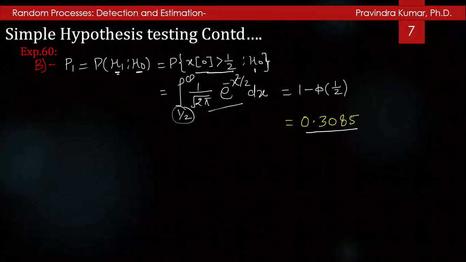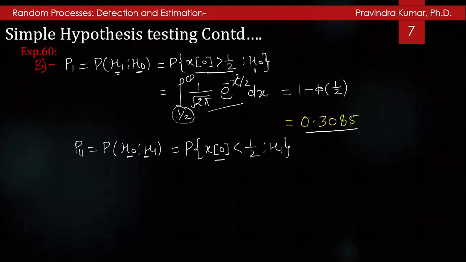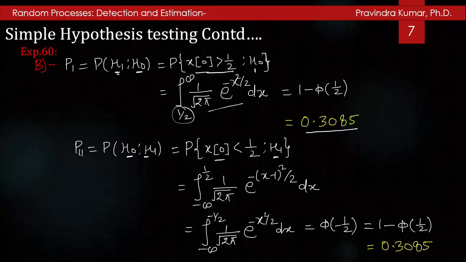0.308. So the type first error is 0.308. And for the type second error, the type second means the probability of H0 when H1 is true, that is, the probability of the observed sample less than 1 by 2 when H1 is true. This means the integration from minus infinity to 1 by 2 of the PDF under hypothesis H1, 1 by under root 2 pi e to the power minus (x minus 1) whole square by 2 dx, and it will be the integration from minus infinity to minus 1 by 2 of 1 by under root 2 pi e to the power minus x square by 2 dx.